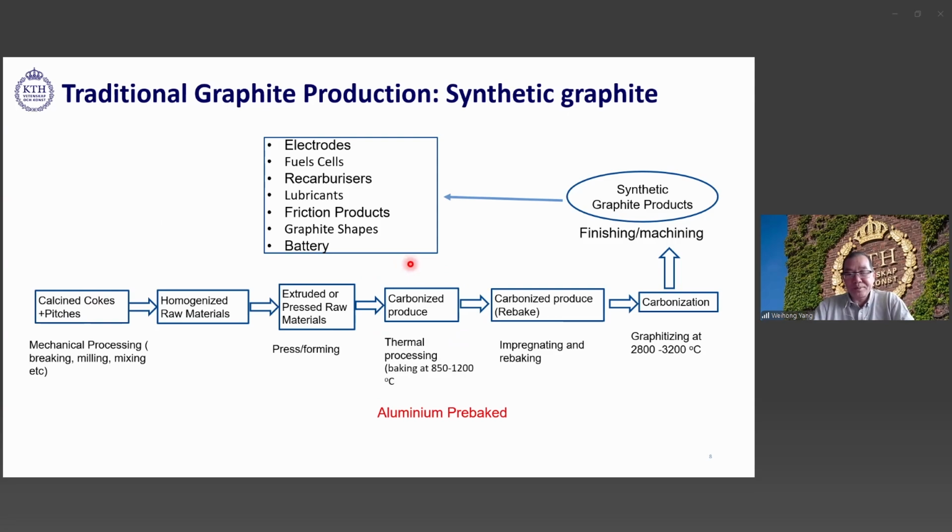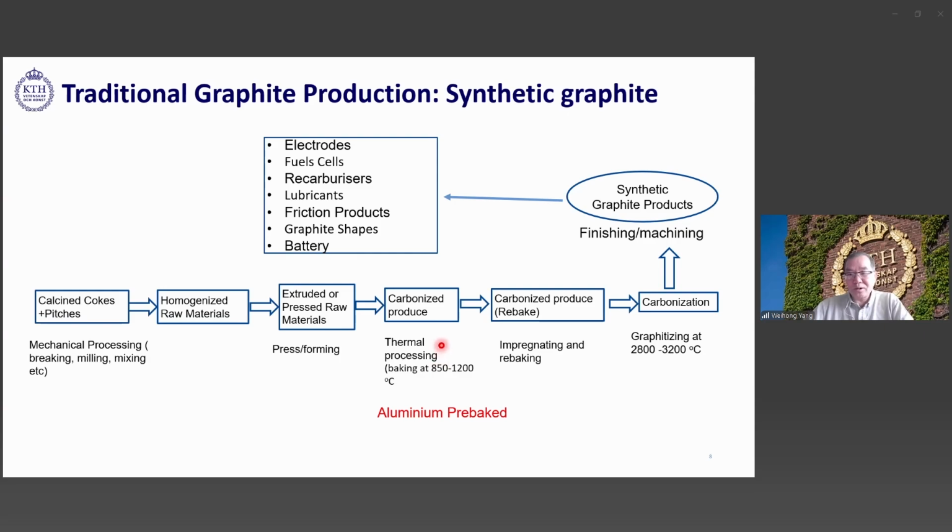Basically, you have the pre-baking at up to 1,200 degrees, and you do the carbonization. If you stop here, that is carbon that can be used for primary aluminum production applications, but it's not good enough for battery applications.